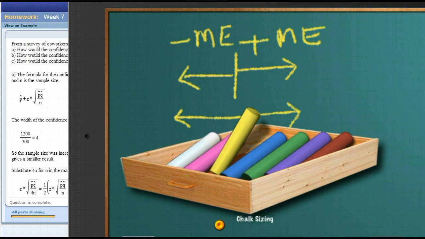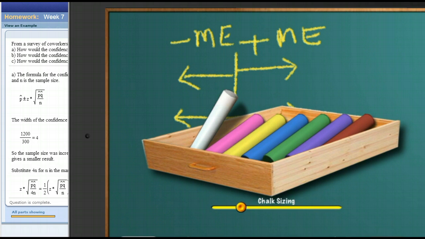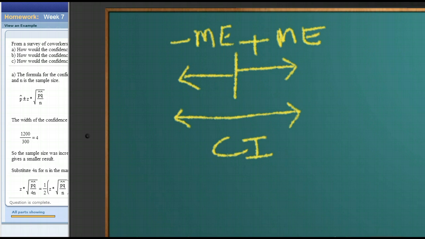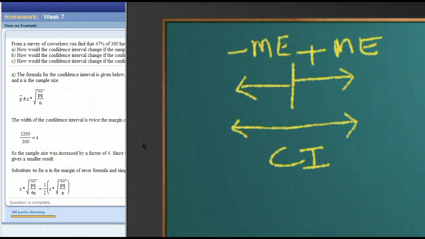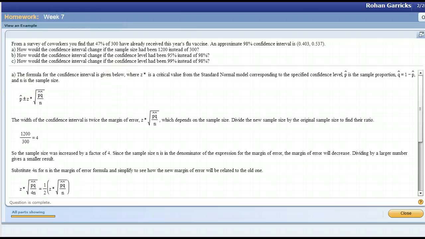Now we found out that if we were to switch as we did right here by changing the value of n, we are going to end up with a margin of error that is half the size.